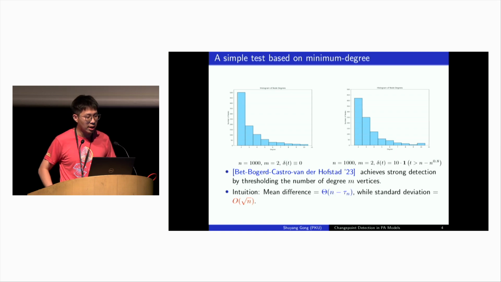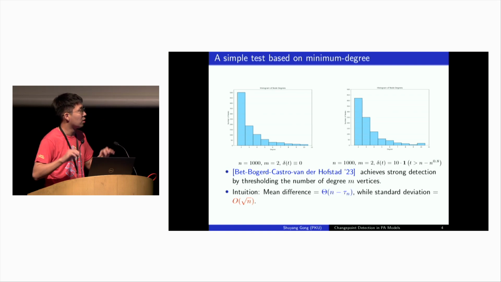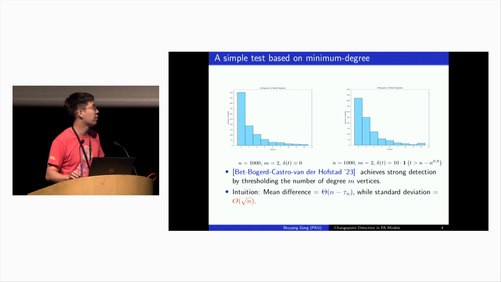That's why they have a mean difference of order n minus tau n, which is exactly the number of later arrival vertices after the change point. The standard deviation for this statistic is of order square root of n under both hypotheses. So if n minus tau is bigger than square root of n, you're going to see strong separation between the two distributions.